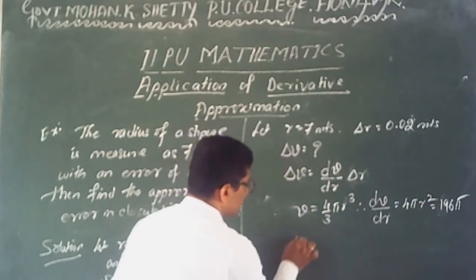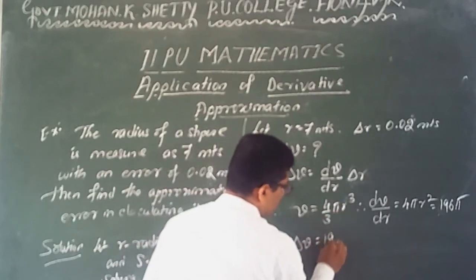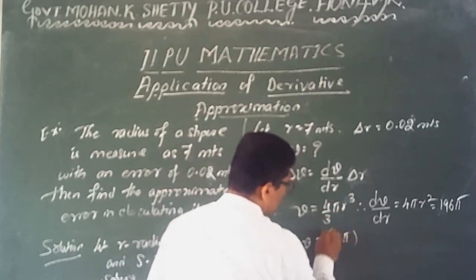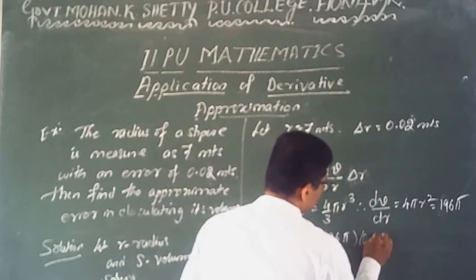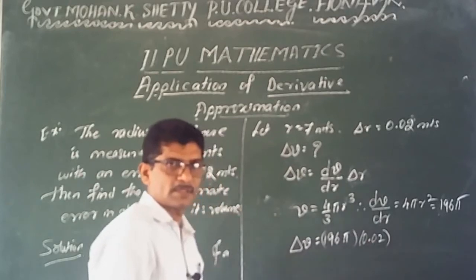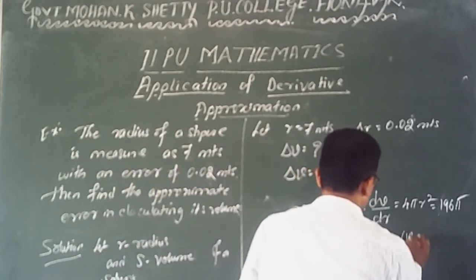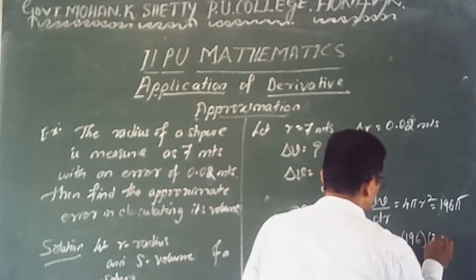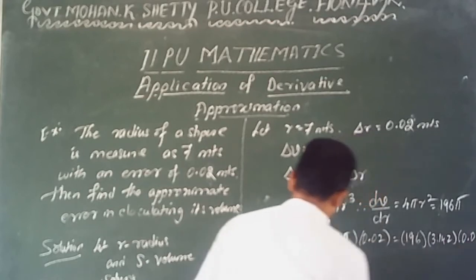Then the calculating error of volume: dV upon dr is 196 into pi. What is dr? It is equal to 0.02. Here also you can calculate 196 into 3.142 into 0.02, approximate value.